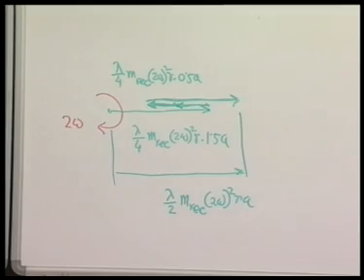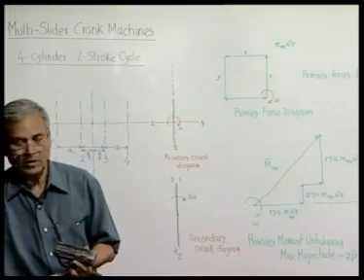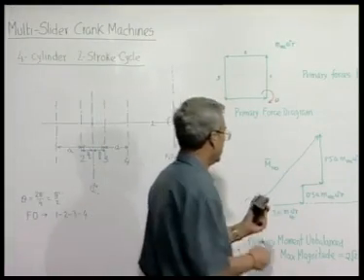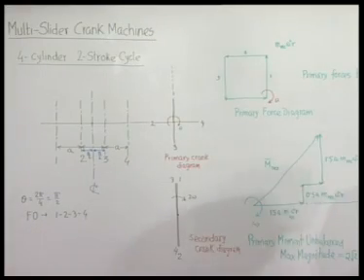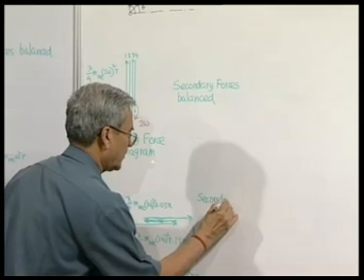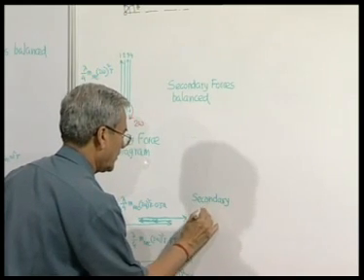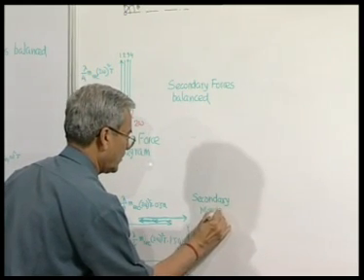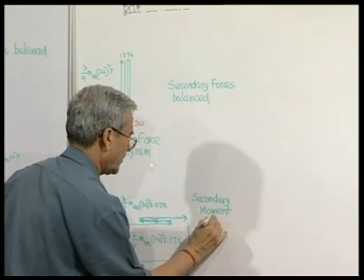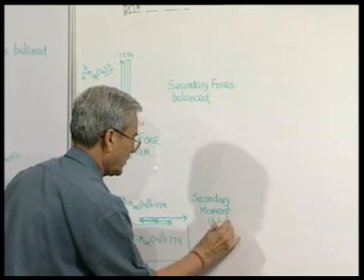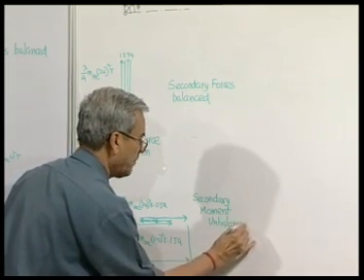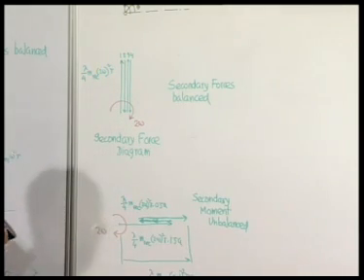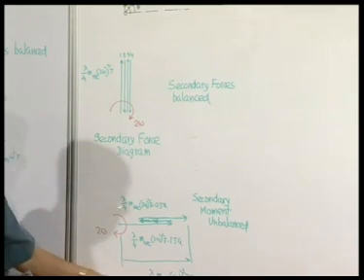So, we find here the secondary moments are also unbalanced. And how much is the maximum possible value, or what we call magnitude, is this.